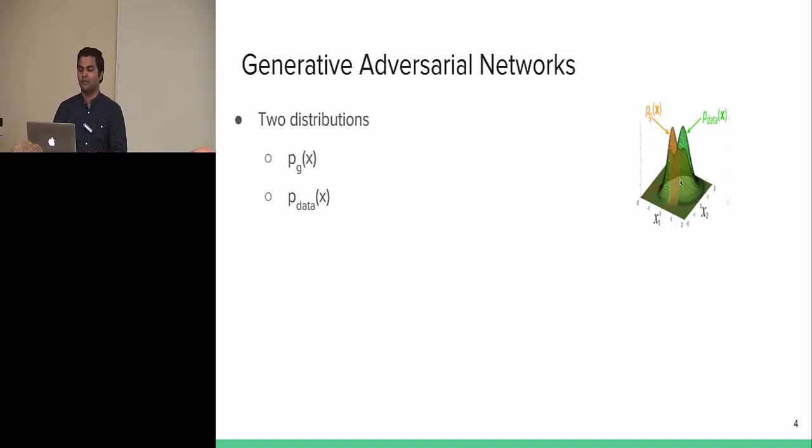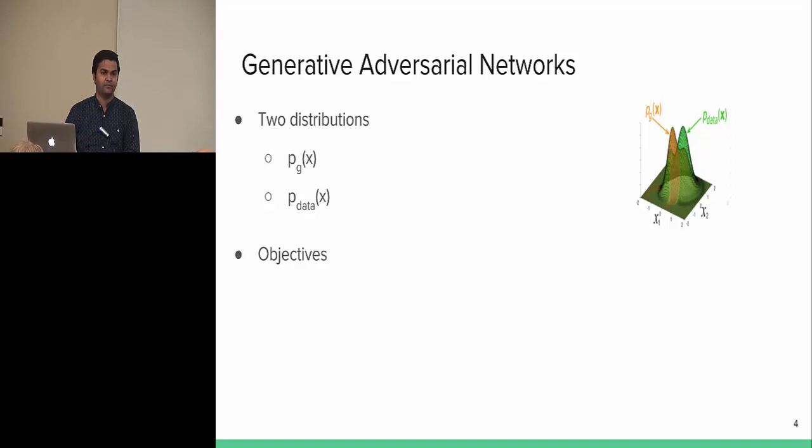So here the PG is similar to PD, but they are not exactly the same. The generator is trying to learn a distribution which is as close as possible to the target distribution that we are trying to learn. The image is very simple, just two-dimensional.